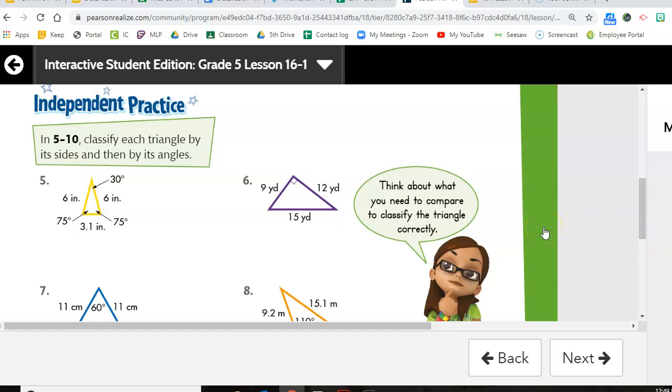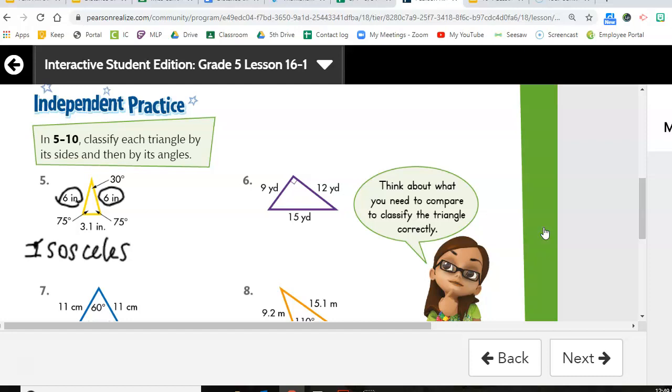Okay. So in number 5, I'm going to look at the sides first. I see one side is 6, the other side is 6, and the bottom is 3 and 1/10. So I see that 2 of the sides are the same. When 2 of the sides are the same, that is an isosceles triangle.